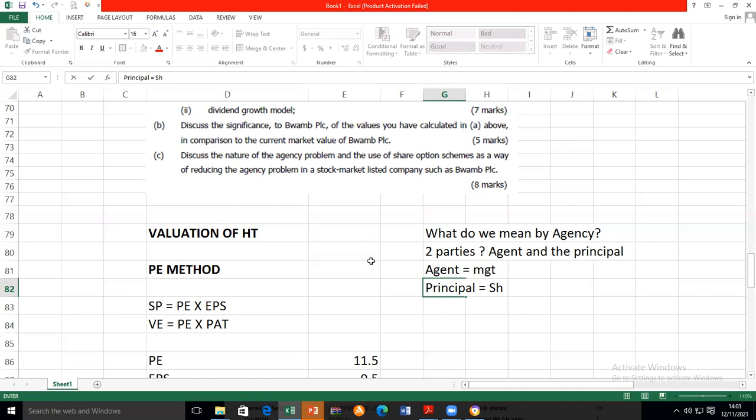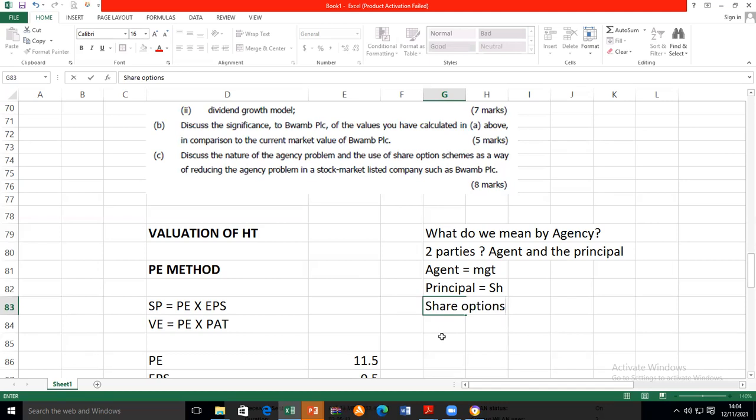There are many solutions that we can use. One of the solutions is to use share options. You can give them share options, the right to buy shares in the company. So we hope that they work very hard to push up the share price. So yes, the problem may be solved.